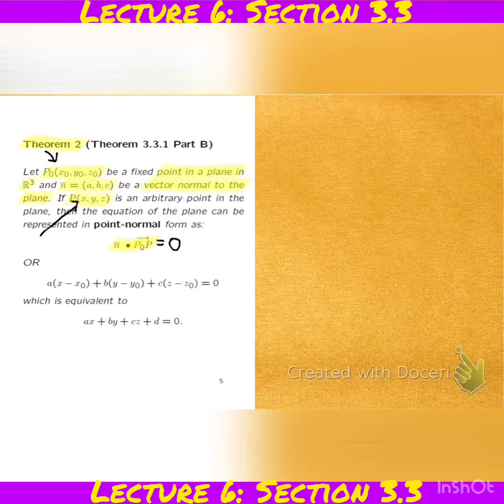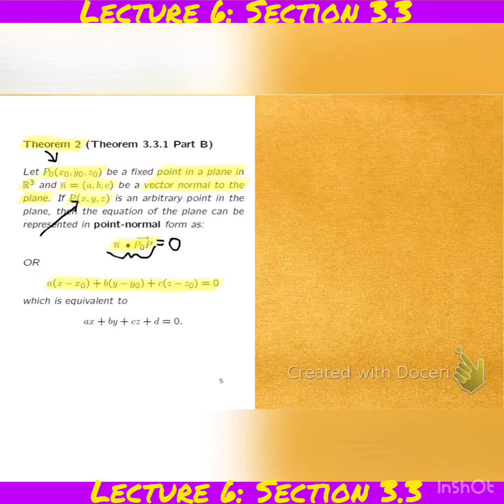So you want to find the x, y, and z that satisfy this dot product, which is equivalent to writing that equation down, being equal to 0.